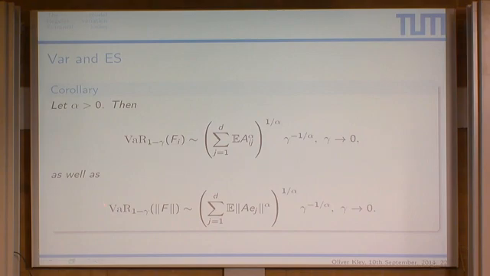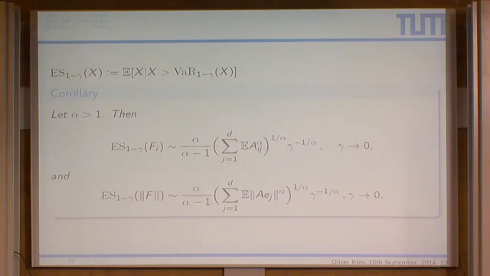The same applies for the norm of f, of course, but you have a slightly different constant here, taking into account that norm. And it will turn out later that only these constants are somehow interesting to study, because they just determine how big the asymptotic value at risk is.